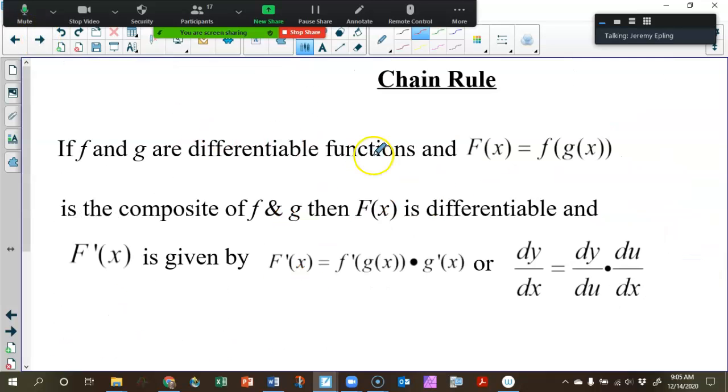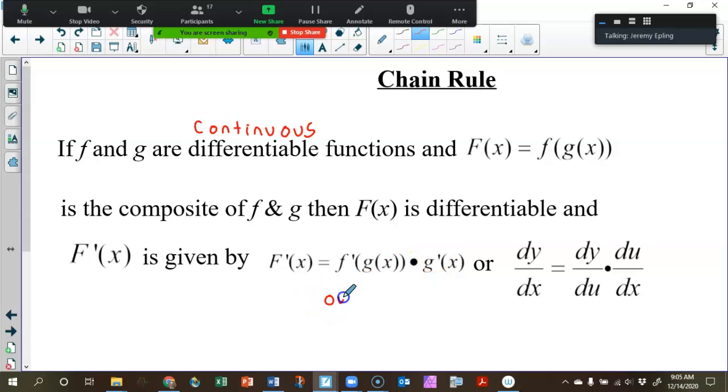So that if we have 2 differentiable functions, f and g, that we are composing together, do remember, differentiability would also imply these are continuous. Differentiability implies continuity. And we compose those together, then that composition is going to be differentiable.